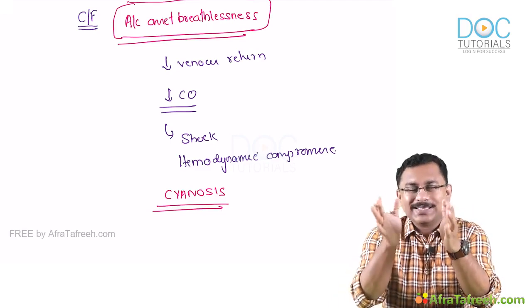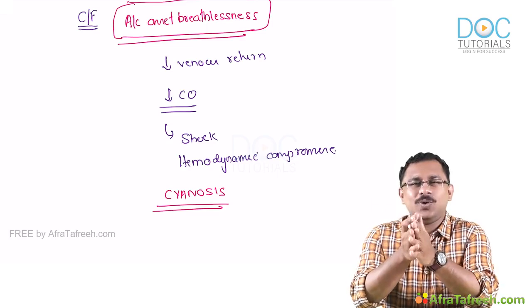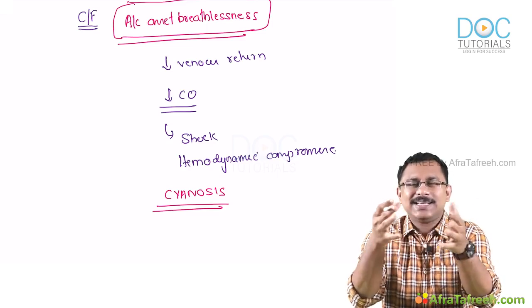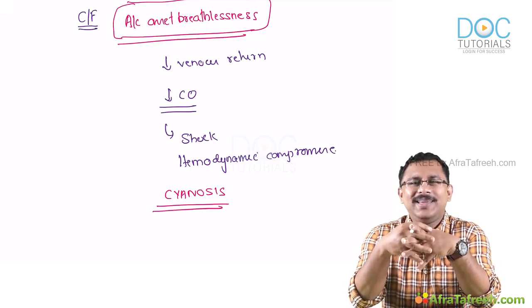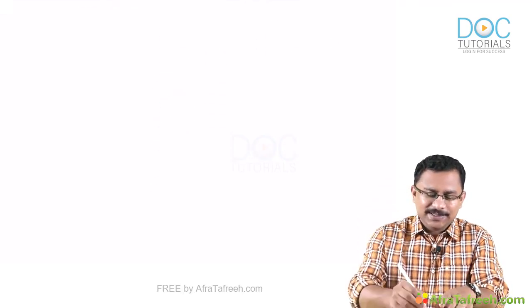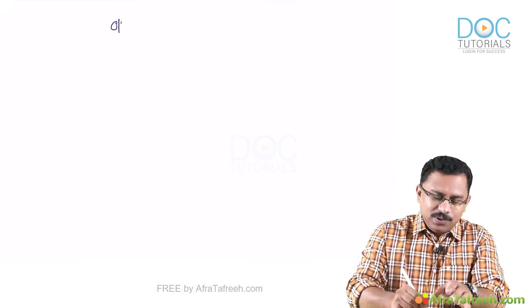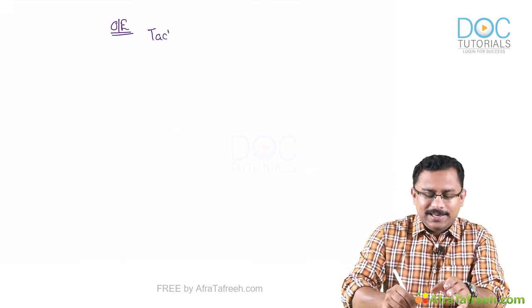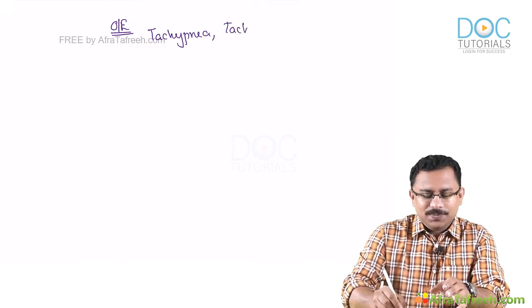So you have got to examine the patient properly, only then you will be able to diagnose. See, this is not a routine exacerbation of COPD, it is a pneumothorax that has developed. So let's see what the examination findings are. On examination, definitely the patient will be having tachypnea and even tachycardia.